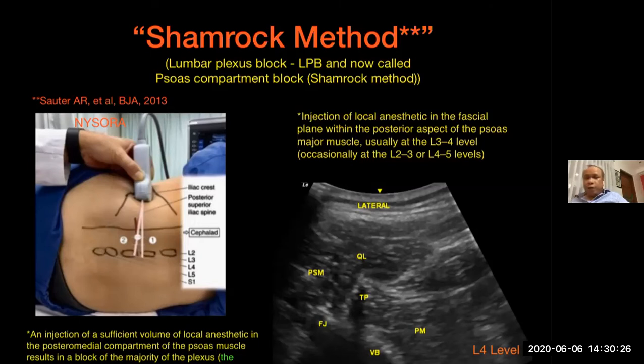The key for this is, for anesthesiologists, they use a Shamrock method or a lumbar plexus block. And this particular area is anesthetized, passing through the psoas major muscle at L3 and L4 level. And sometimes they go higher than that or lower than that, depending on what target you would like to do.